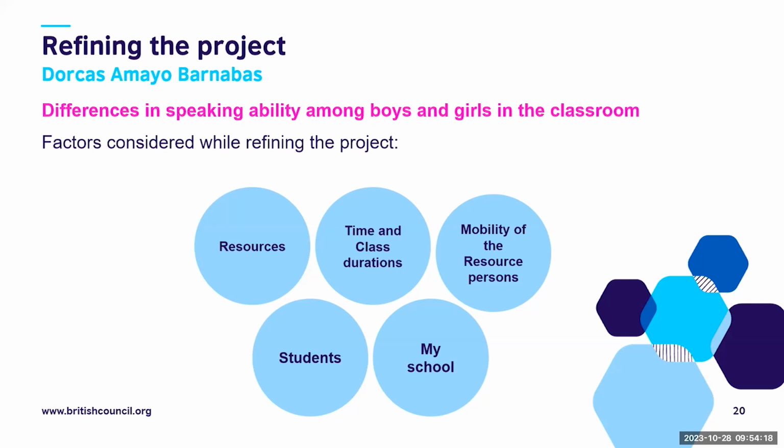I chose this project because of the inability of my students to speak well in the classroom. I observed that during most of the classes, when you ask them a question, they find it difficult to say anything.